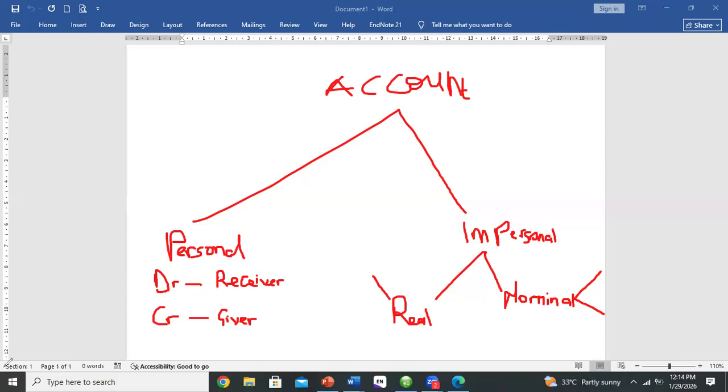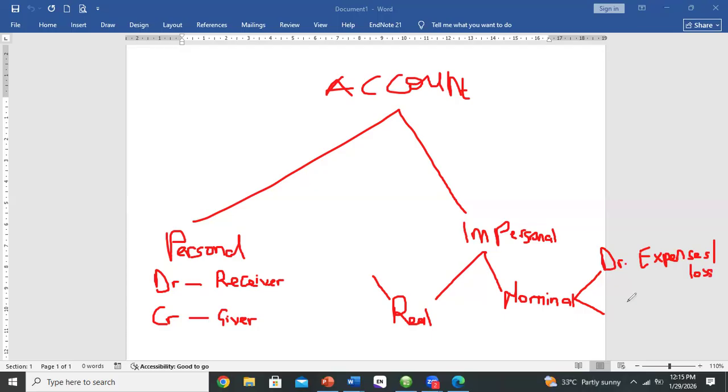Sir, please, can you write the branches for the nominal and the other ones? I didn't quite hear you when you were speaking. Okay, so I'm saying for the nominal, we debit expenses and losses. Remember, expenses and losses are together.